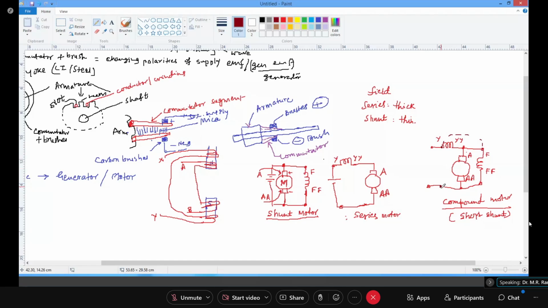When I do this, instead of this point, if I connect it here, it becomes my long shunt machine. So how I put the windings decides whether it is a short shunt or a long shunt machine. You don't worry about this. Clear?